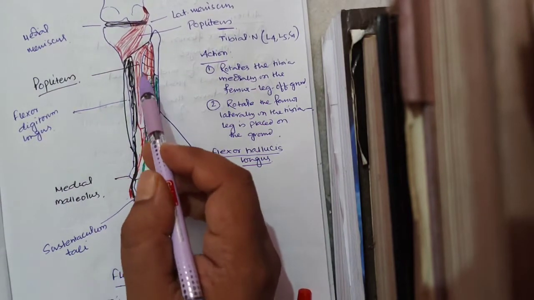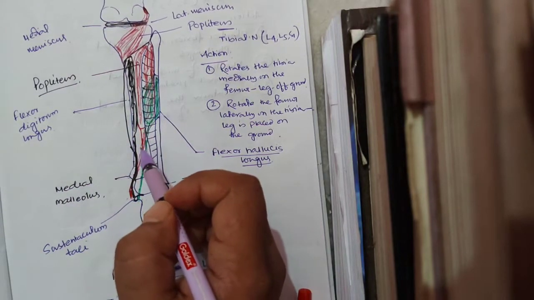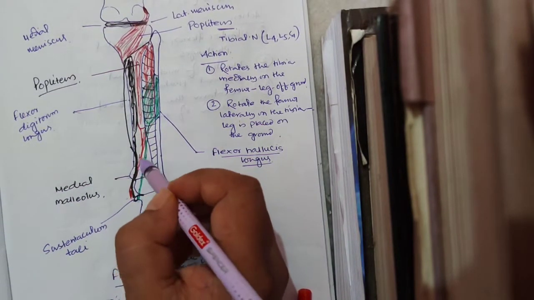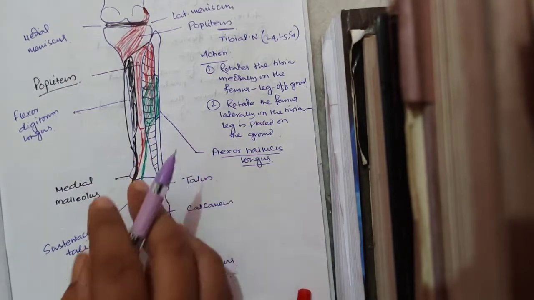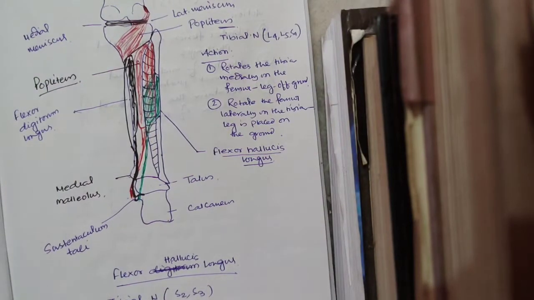From here also the muscle originates. Then it goes downwards as a tendon behind the medial malleolus and is inserted into various slips.